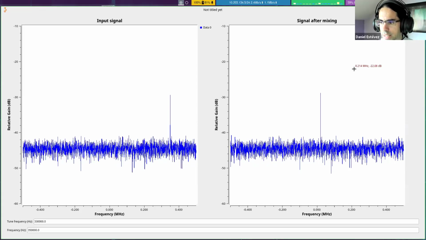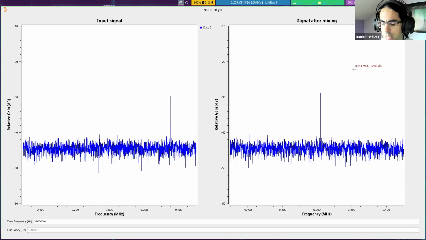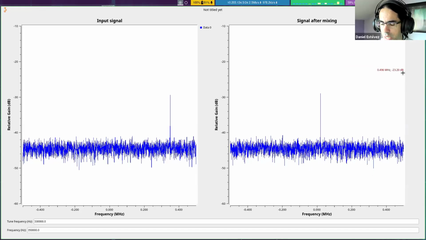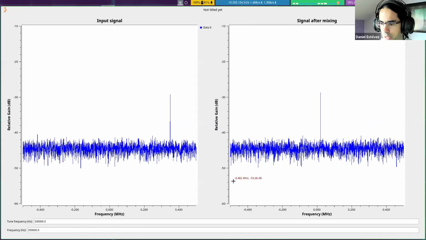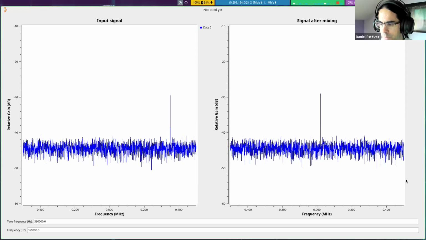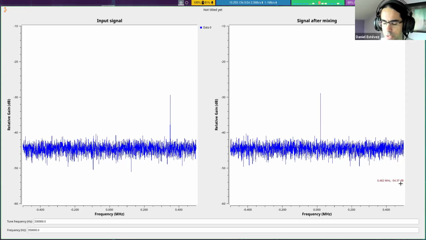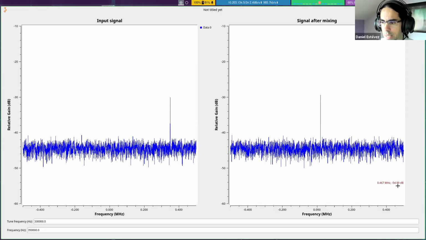Then how to do that? A naive idea would be to say, okay, so the sample rate sets how wide my spectrum is. Essentially, we have 1 million samples per second. And that's what gives me 1 megahertz of spectrum, from minus 500 kilohertz to plus 500 kilohertz. What about just throwing samples away?